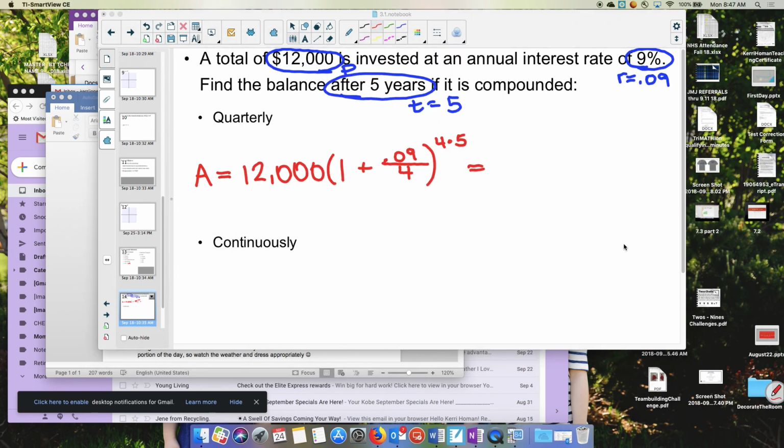When you put this into your calculator, please do not punch things in and hit enter like 5 different times. You have a nice calculator. Please use it to your advantage.